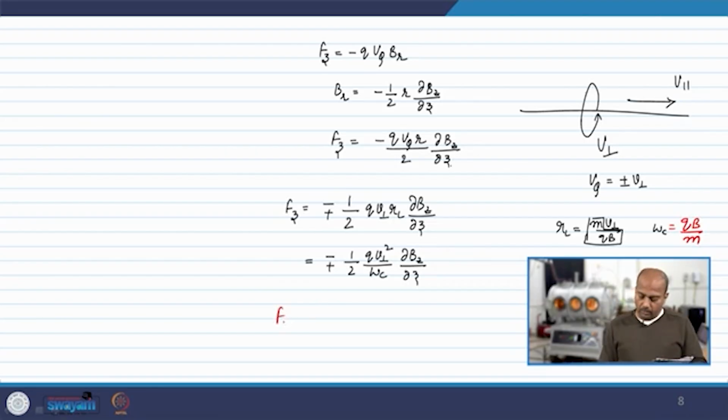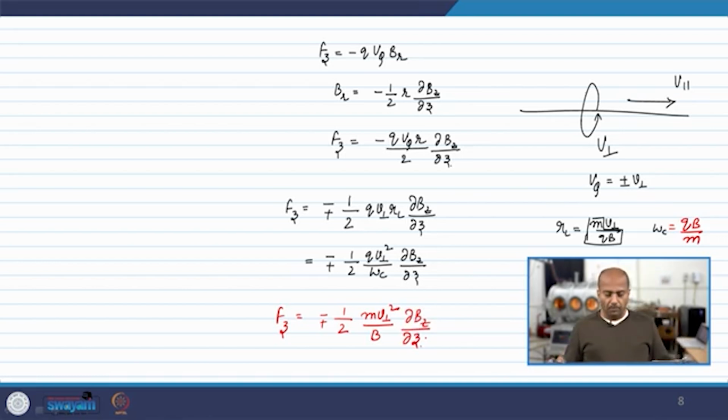Right. So, we can write Fz is minus plus half m v perpendicular square by B dou Bz by dou z, right.